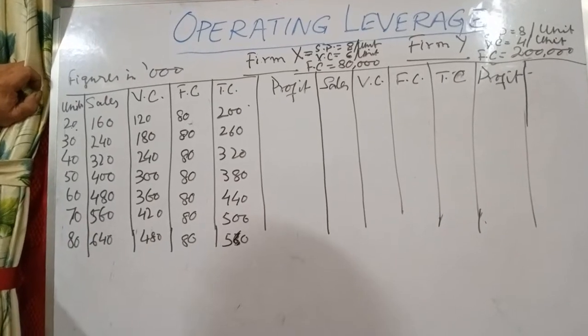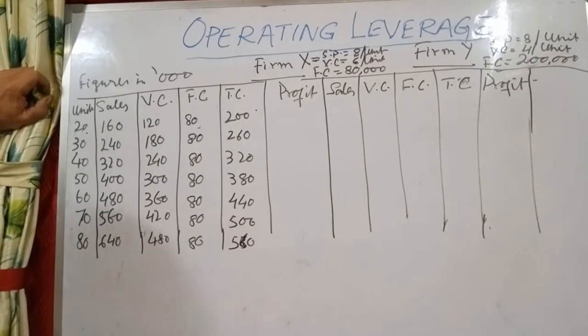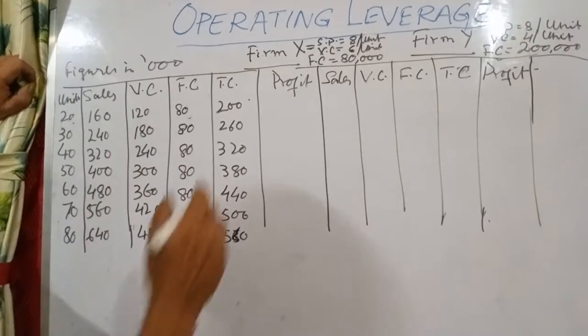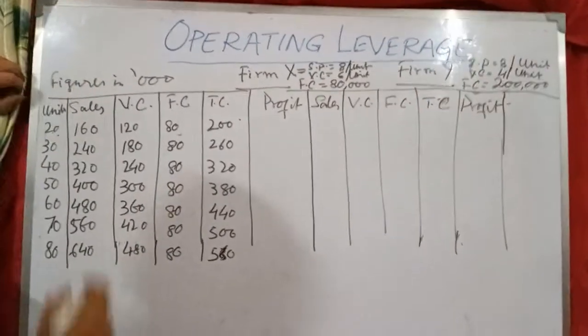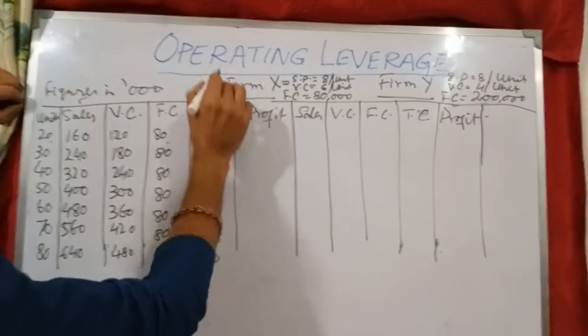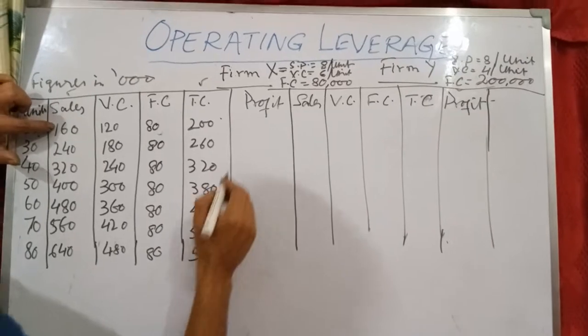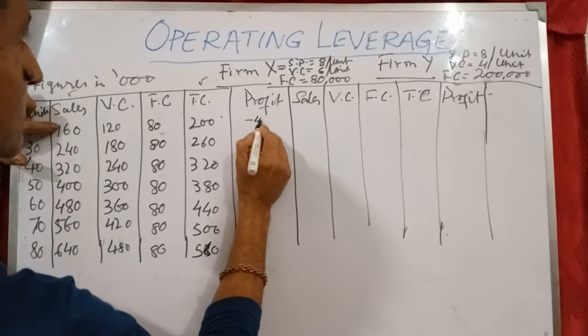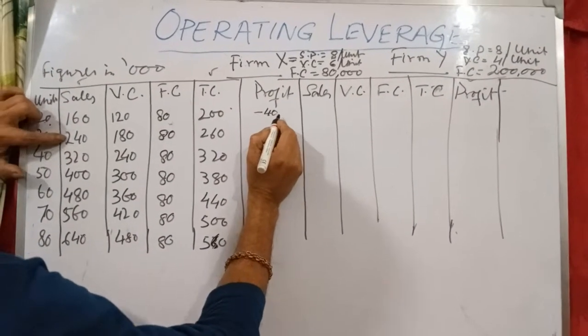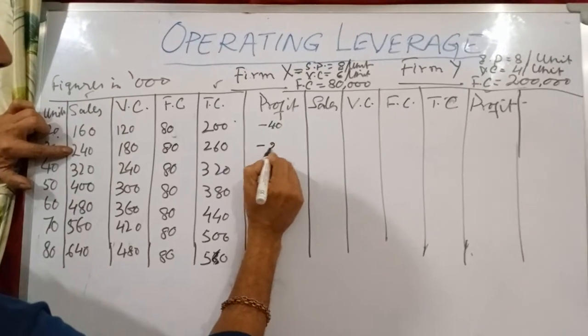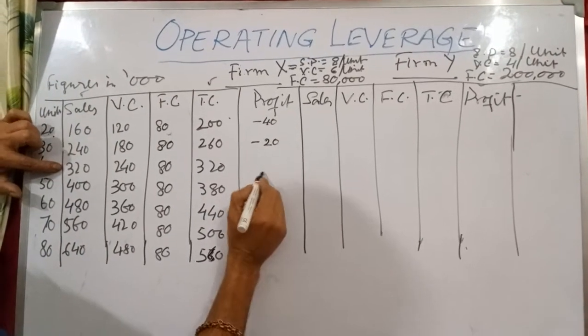Okay. So what is the profit? This minus this. So this is minus 40. This is minus 20. This is 0.